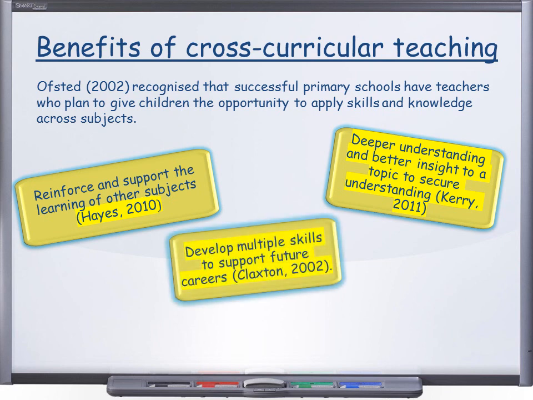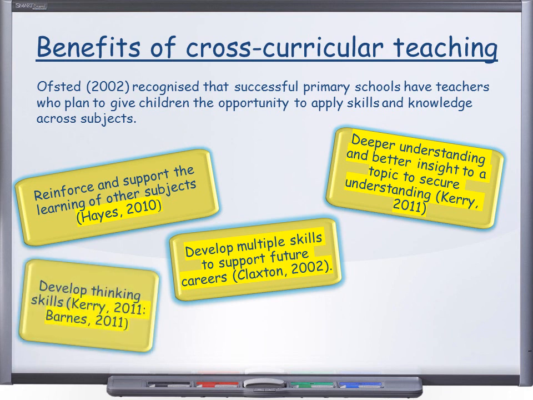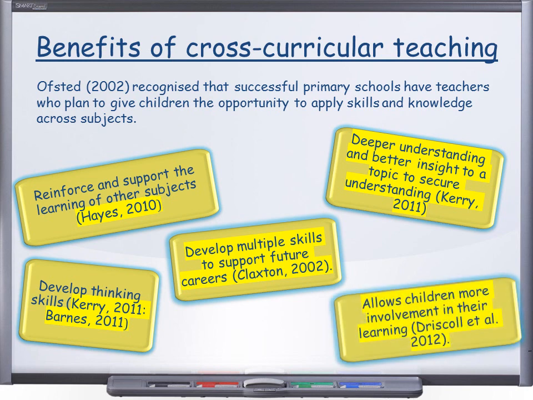In addition to this, according to Claxton 2002, learning to make links is a key attribute of a good learner. As highlighted by Barnes 2011, cross-curricular work can help children to develop their thinking skills, and Driscoll et al. 2011 recognised that the pedagogy of cross-curricular learning enables children to be more active participants.